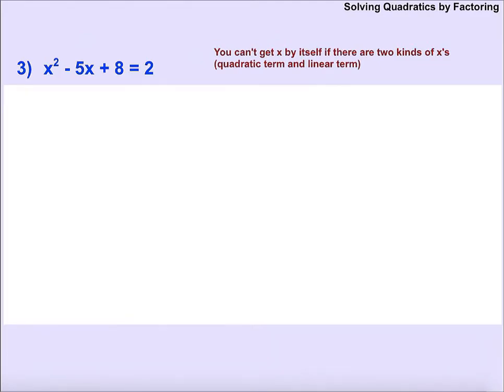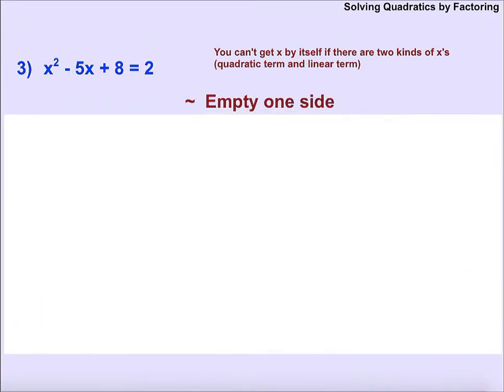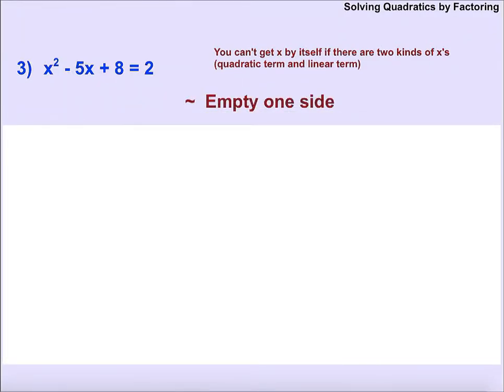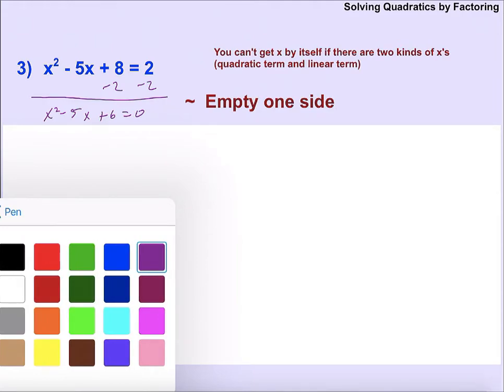So what we're going to do to make that happen is I'll start by emptying out one side. That equals 0 is the first thing I need to set up. Without the equals 0, nothing else works. So I will empty out one side to get to equal 0. Next step, let's switch colors for it.